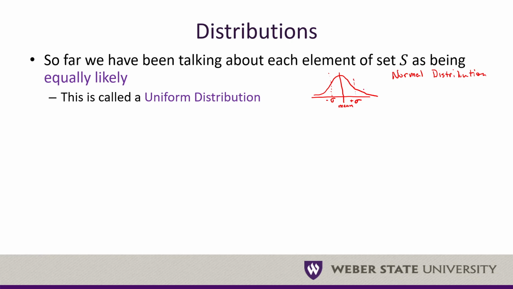And then we've got plus 2 standard deviations and minus 2 standard deviations. This I do remember. Sigma is standard deviation. We call mu the mean, the average.